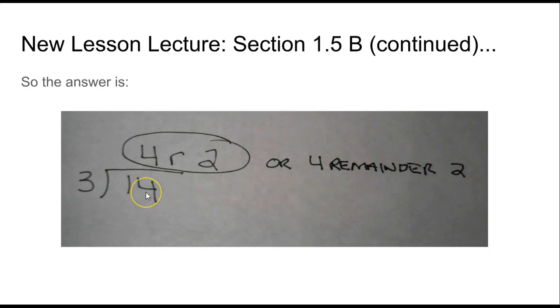We're able to divide the 14 muffins into the 3 boxes so that there's 4 remainder 2, and that's how we would express that answer.